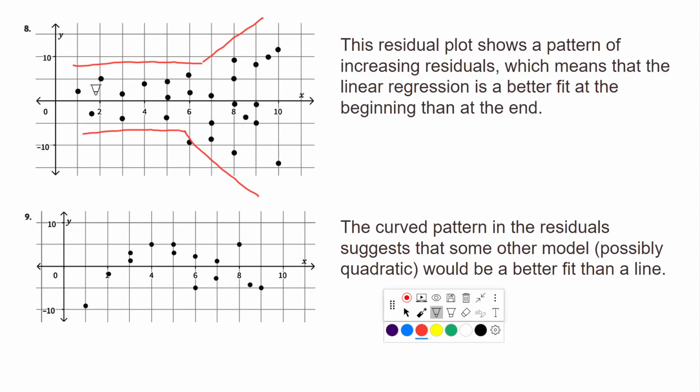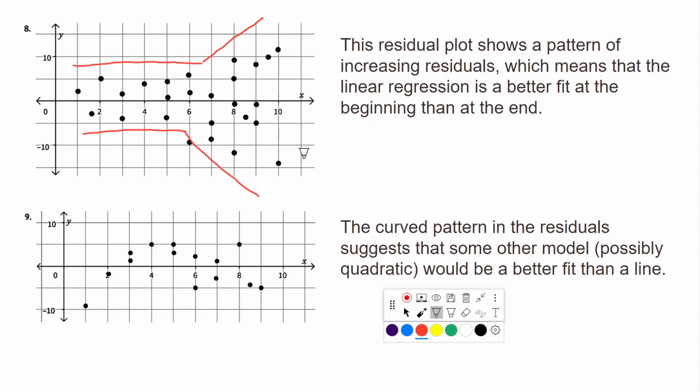Our data is related more within a certain range than it is at the end of the data. So maybe a different curve or something would be a good model, but not necessarily the line that these points create.